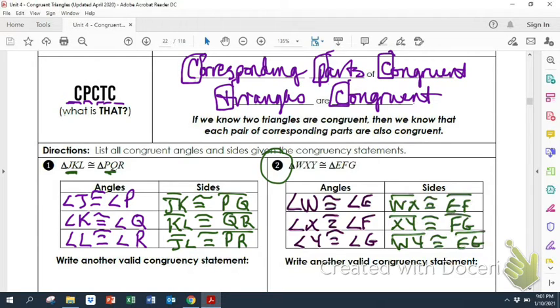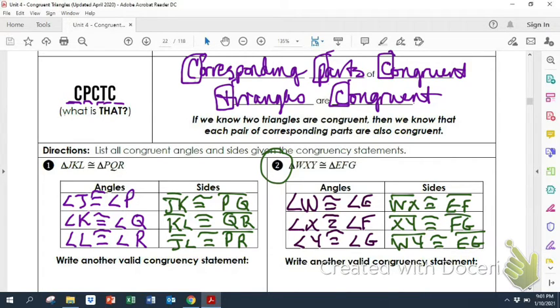All right, something I forgot to mention before you check your answers is that when we do this, let's write another valid congruency statement. So if you notice, they gave you JKL is congruent to PQR. Well, we can also rewrite this statement.